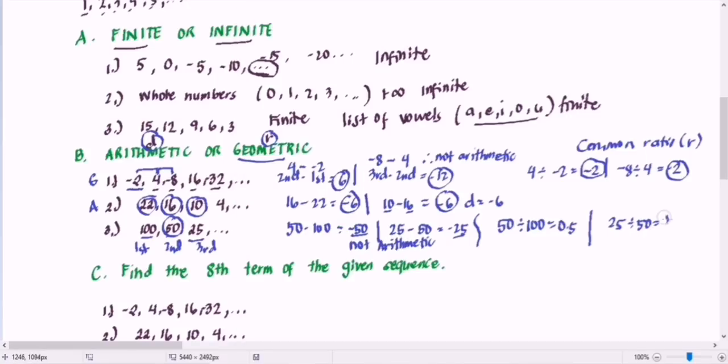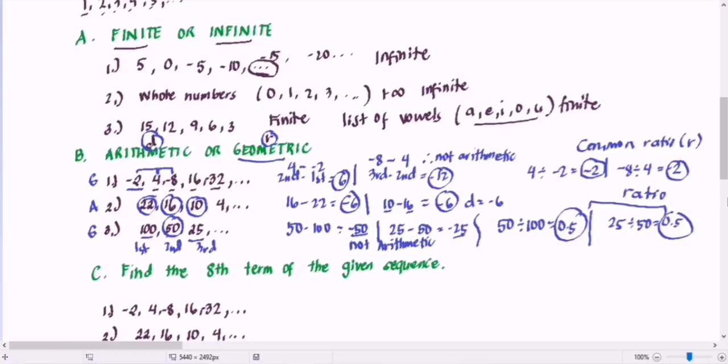So, kung mapapansin nyo, may pares na naman tayong sagot. Ang ginamit natin ay division. So, meron tayong 0.5, 0.5. Ang tawag natin dyan ay small letter r, or the common ratio. Okay, we have the common ratio. So, therefore, number 3 is an example of geometric sequence.